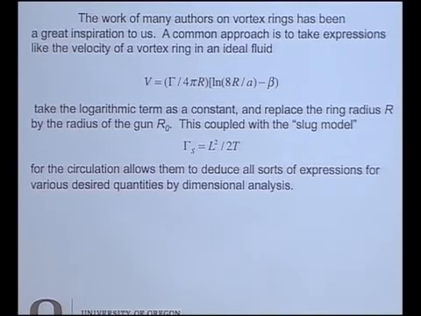Everything I say today has to do with a field I don't think anyone has worked on. These are vortex rings of very, very thin cores, typically 2 or 3% of the radius of the ring. So these are indeed extraordinarily thin vortices.